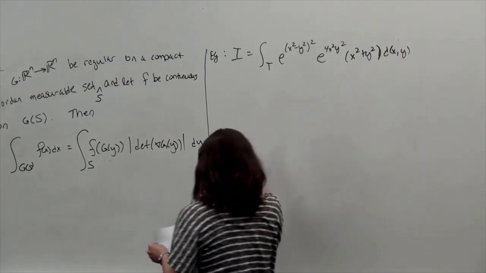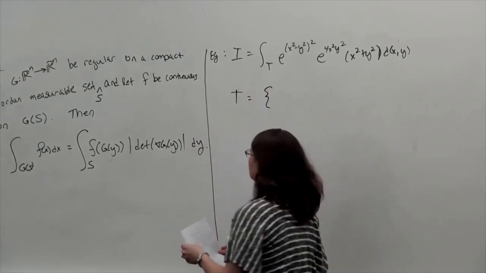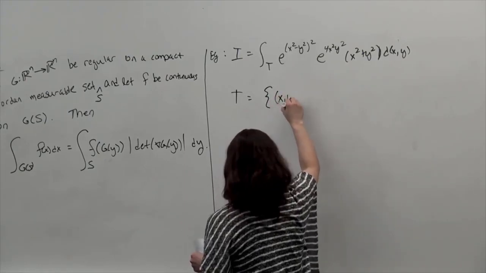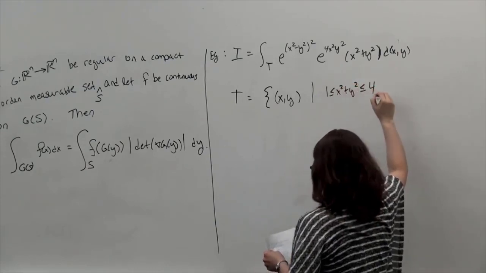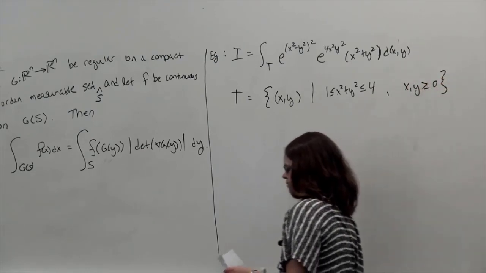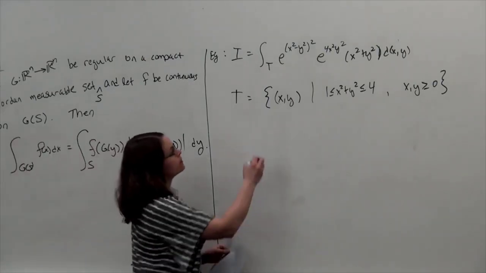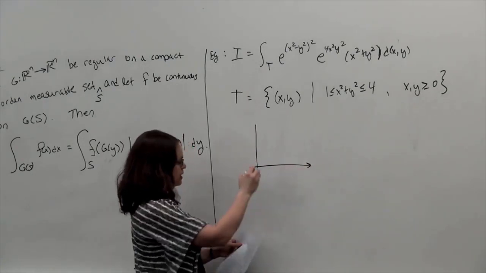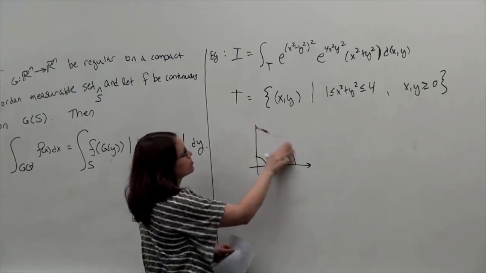And the set T is going to be a part of this annulus, where x squared plus y squared is between 1 and 4, and x and y are both non-negative. So our original set is something like this. That's not drawn to scale.